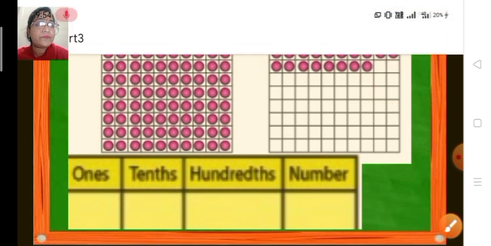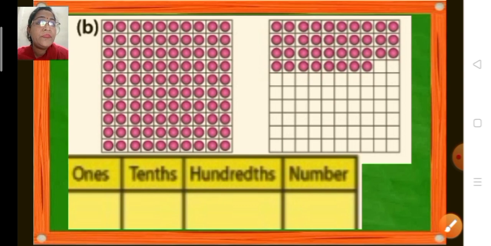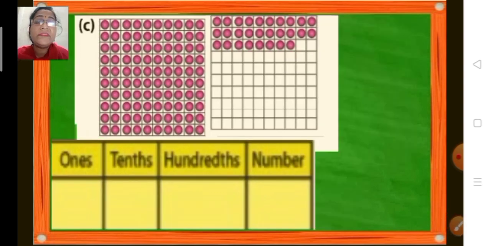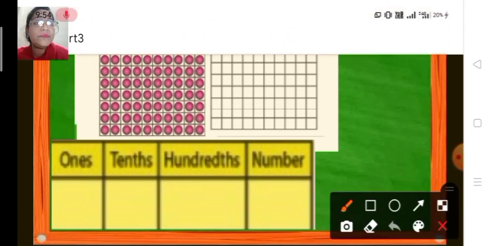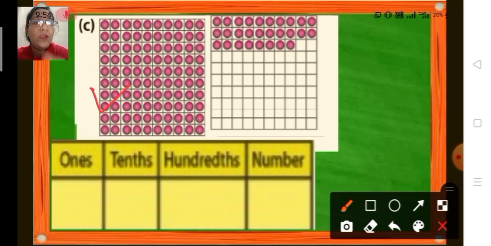Next is the third sub question, C. In that, this also has one complete box. This means one whole, so here will come 1 point, and in the second box the total 28 boxes are represented by circles or dots out of 100.